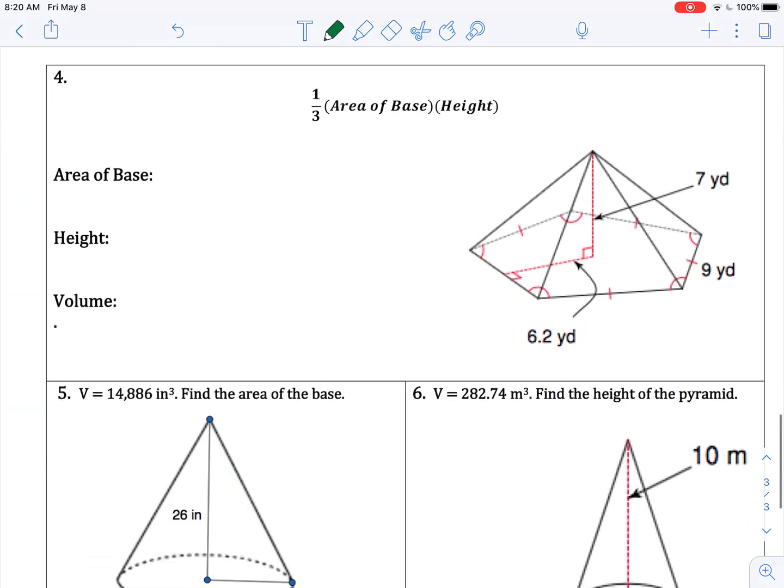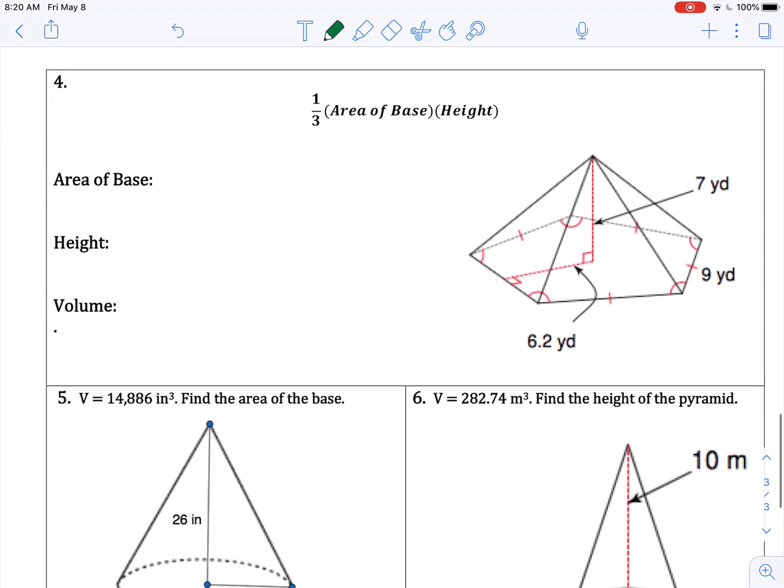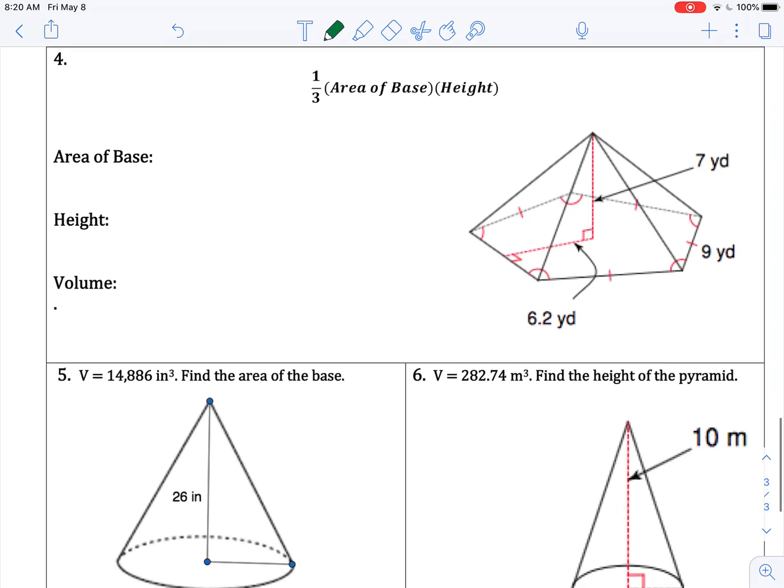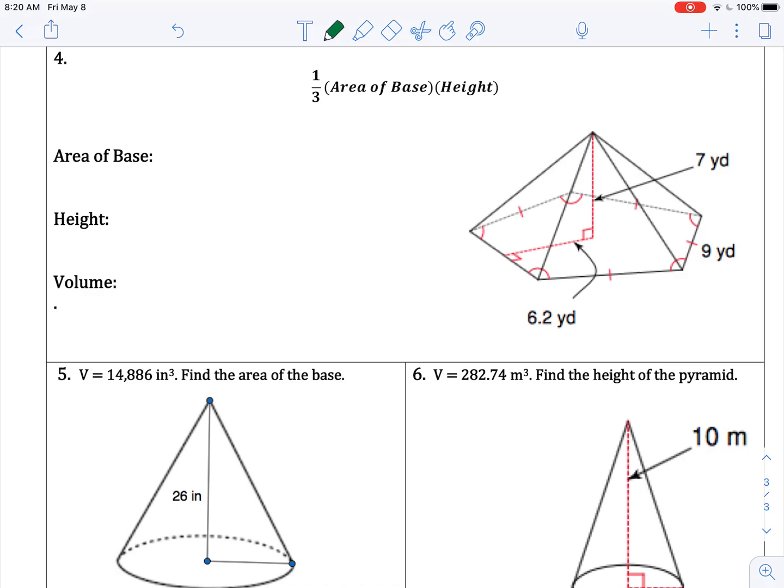And the last one we're going to do here, area of the base, because this is a regular pentagon, it's 1/2 apothem perimeter. So the area of the base is going to be 1/2 6.2, and the perimeter is going to be 45.